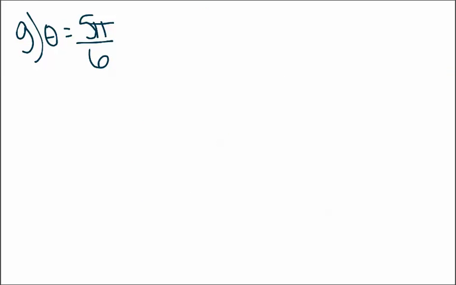Okay, so example G. Theta equals 5 pi over 6. If we wanted to sketch that, well, halfway around my circle, that 180 is pi, except we're not talking about pi right now. We're talking about 6 pi over 6. It's the same thing, but we want to get that common denominator so I can see where my angle is. Starting here at 0, if this is 6 and I want only to go 5 pi over 6, well, halfway to 6 would be 3 pi over 6.